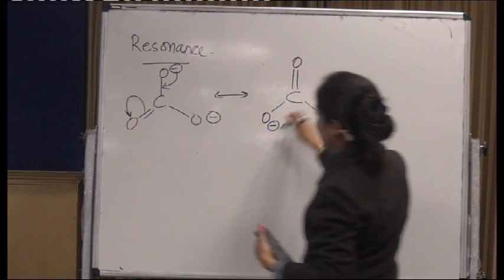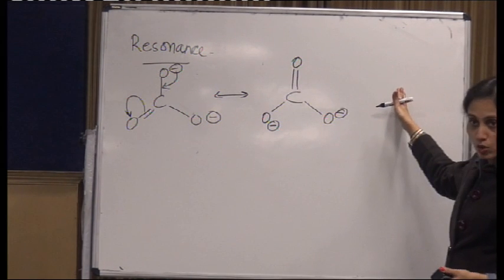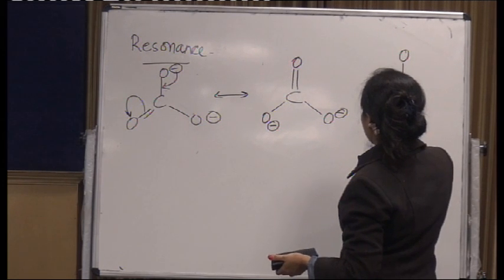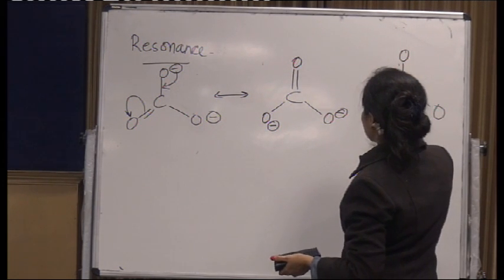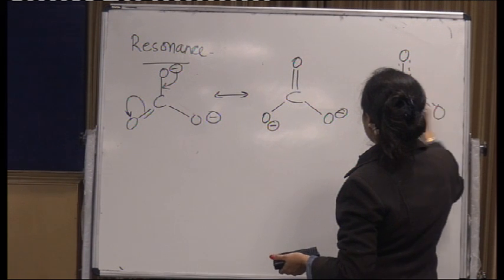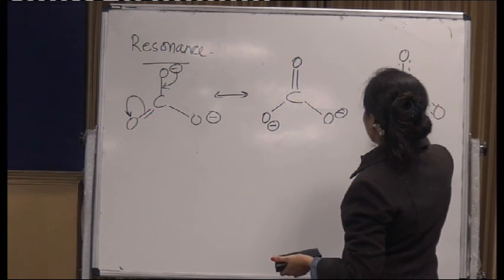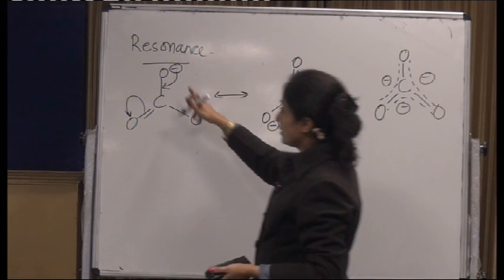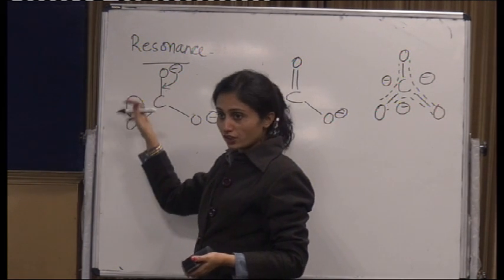And similarly you can draw other structures also, such that we showed that the resultant structure is something where you have the negative charge being delocalized in between all these three bonds that we have. This negative charge is getting shifted in between the three bonds.